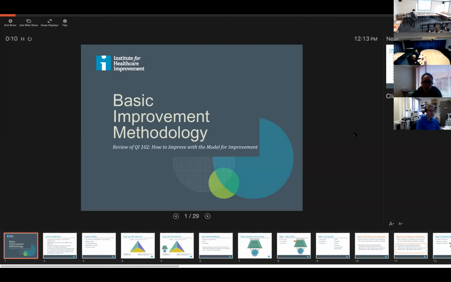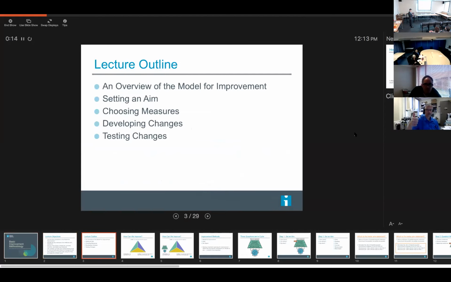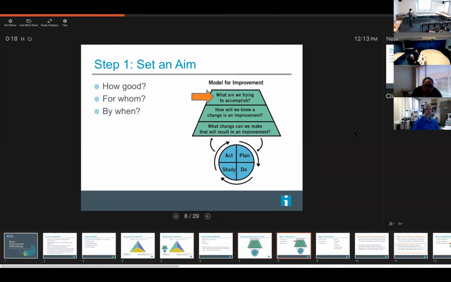Can people see that? Yeah, and I'm moving through the slides. Can you see that? Yeah. Okay, apologies for that.